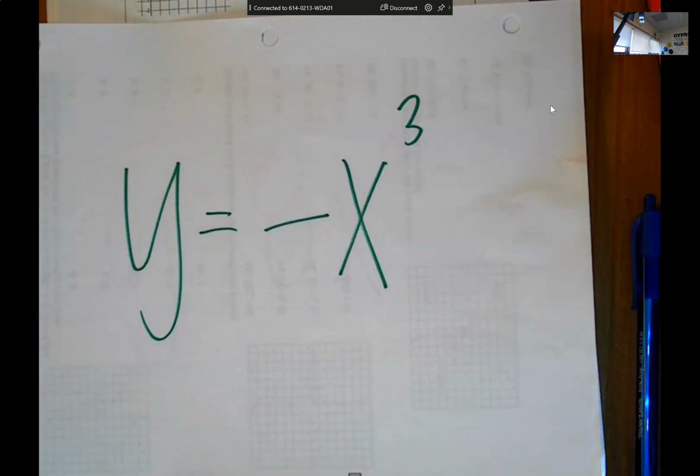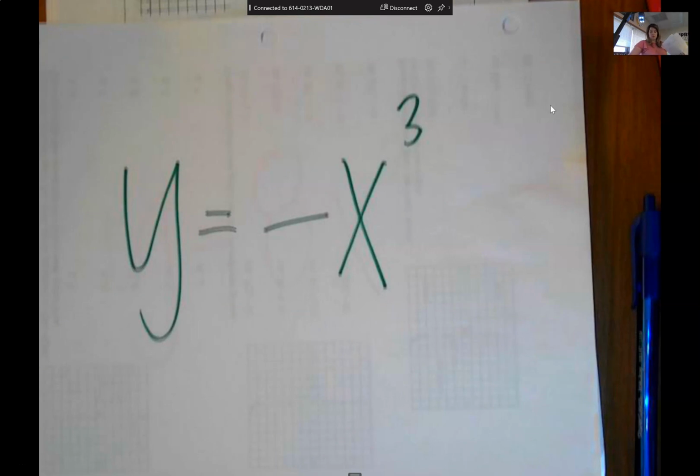Oh, yes, I thought it was 5. Did I write 5? Thank you. Yes, you write out what happened to it. Okay, what one thing did I do to this cubic function?